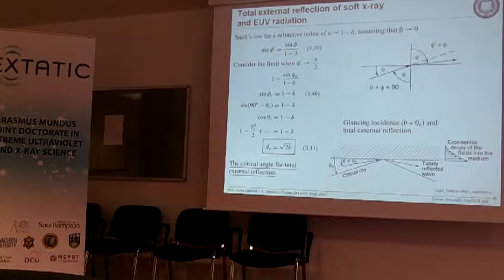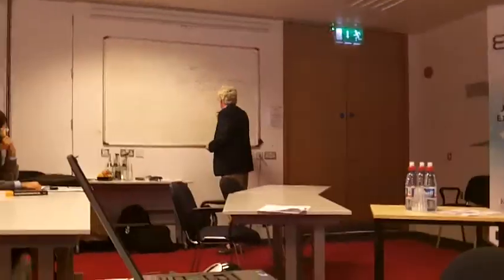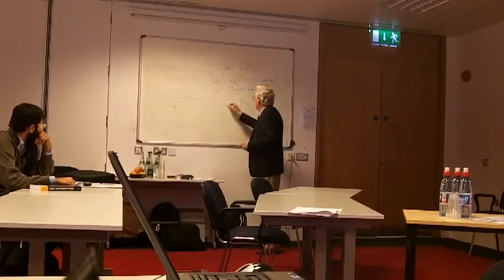This is to be compared to visible light total internal reflection, which we didn't stop to talk about, but maybe we should have. For visible light, there's a couple of common things that we remember. For people who work in an optics lab or a laser lab, you'll have a turning prism.